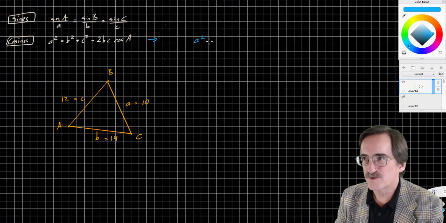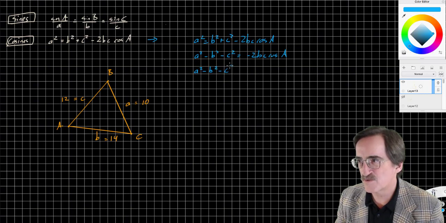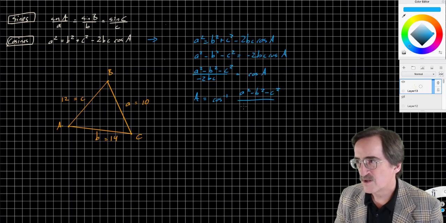So a squared equals b squared plus c squared minus 2bc cosine A. Subtract b squared and c squared, so a squared minus b squared minus c squared equals negative 2bc cosine A. And then divide by negative 2bc, so a squared minus b squared minus c squared over negative 2bc equals cosine A. And then A equals the arc cosine of a squared minus b squared minus c squared over negative 2bc.